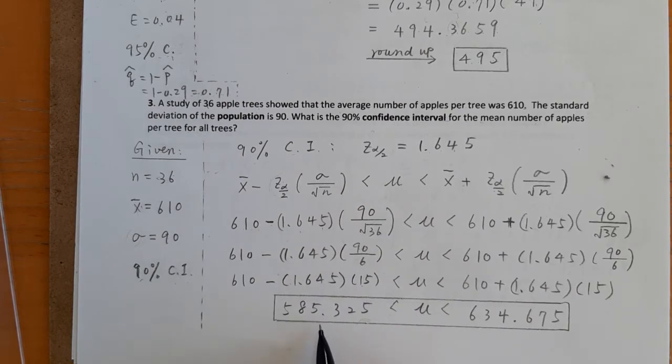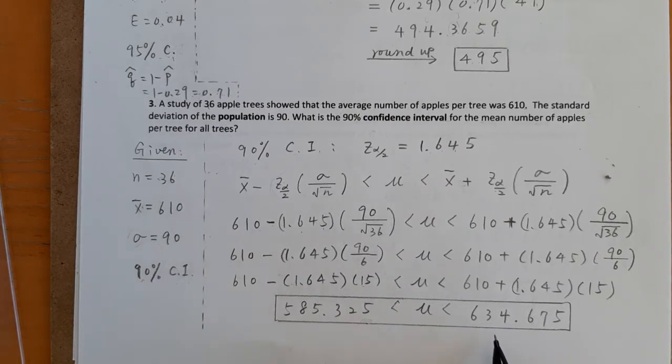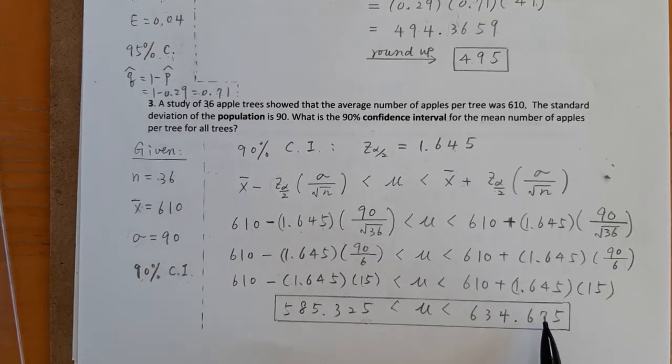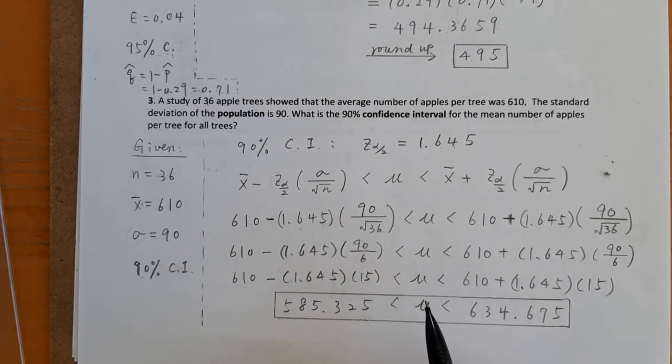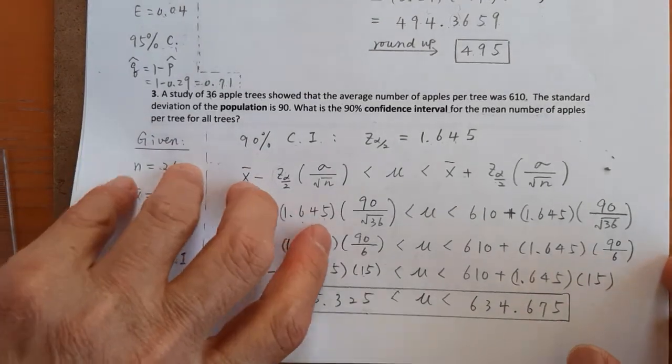The population mean average is between 585.325 apples and 634.675 apples. The true population mean is between these two numbers of apples.